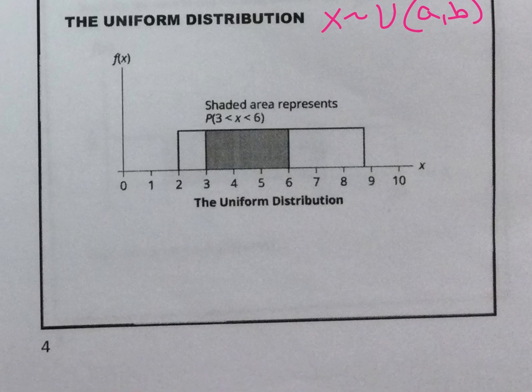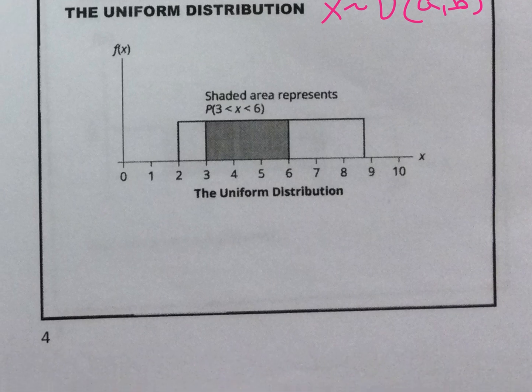So the shaded area represents the probability that x is between 3 and 6. So here's your curve. All this equals 100, right? And we're looking at just the shaded between 3 and 6, okay?